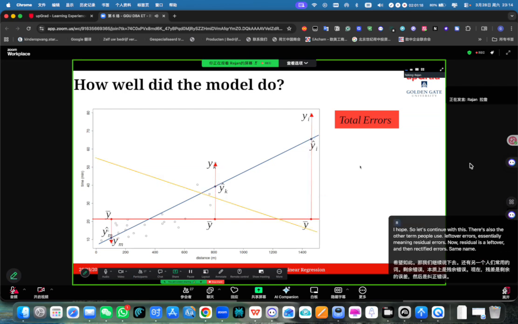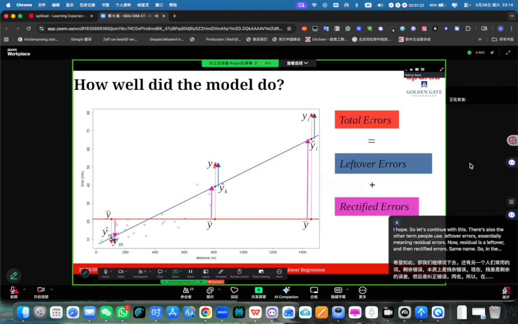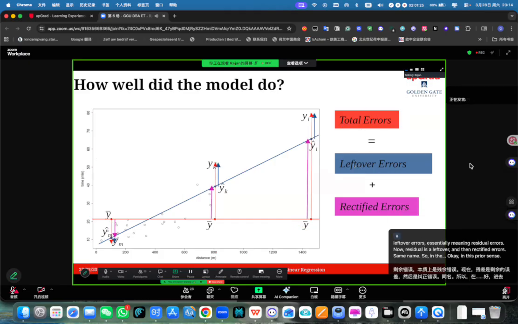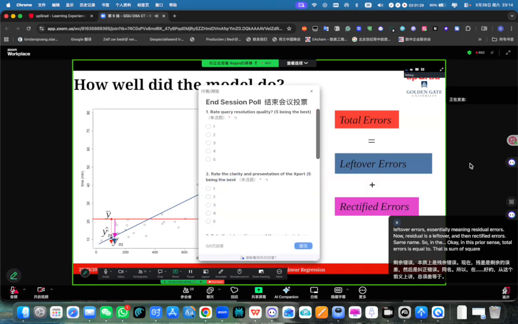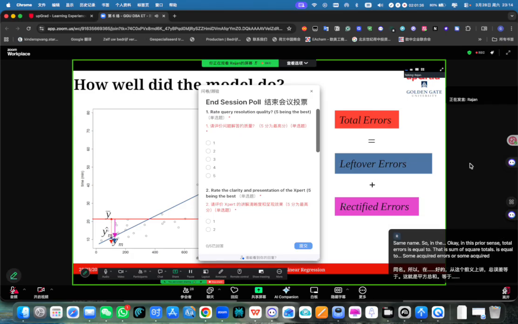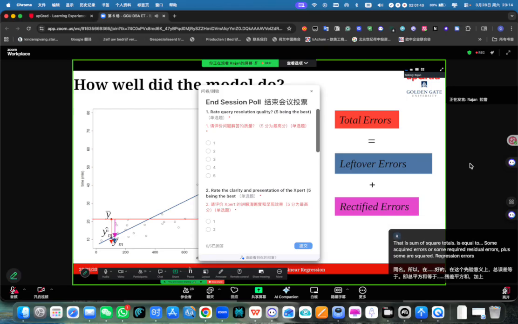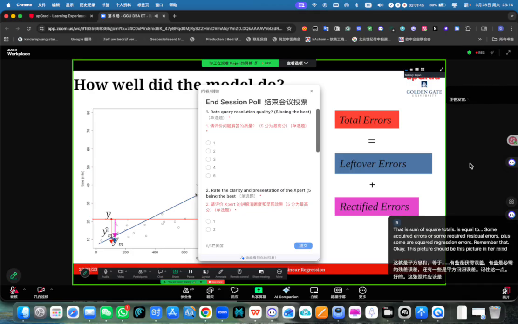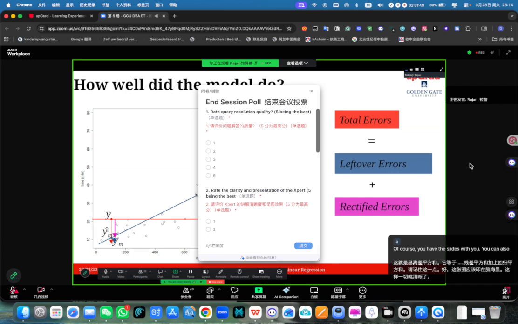So in the squared sense, total errors, that is, sum of squared totals, is equal to sum of squared errors, or sum of squared residual errors, plus sum of squared regression errors. Remember that. You should have this picture in your mind so things will be clear. Of course, you have the slides with you, you can also use that.